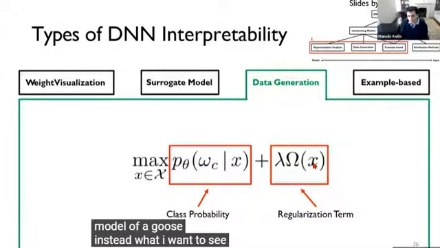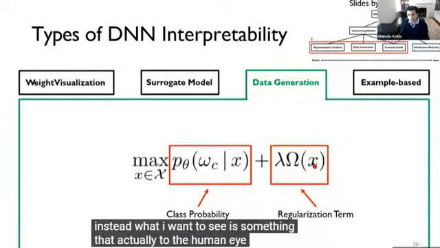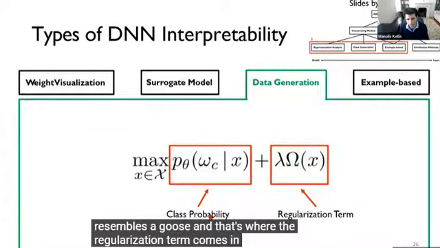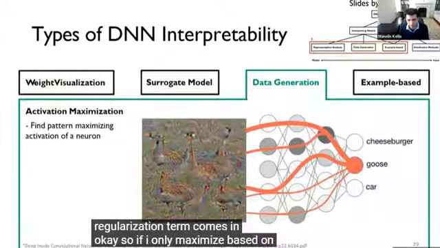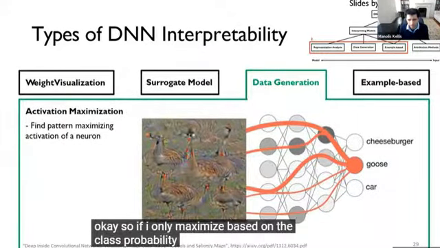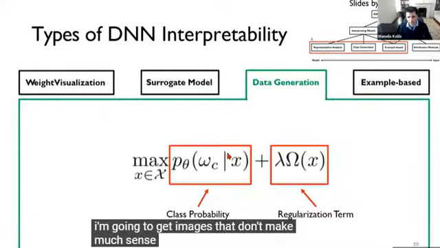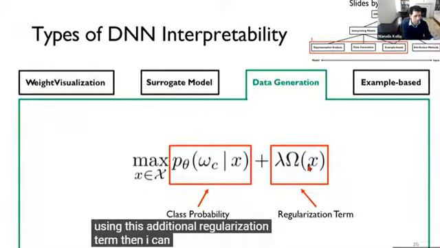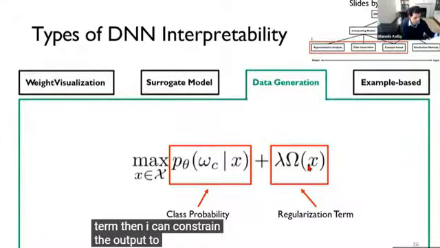Instead, I want to see something that to the human eye resembles a goose. That's where the regularization term comes in. If I only maximize based on the class probability, I'm going to get images that don't make much sense. But if I maximize using this additional regularization term, then I can constrain the output to also be human interpretable.